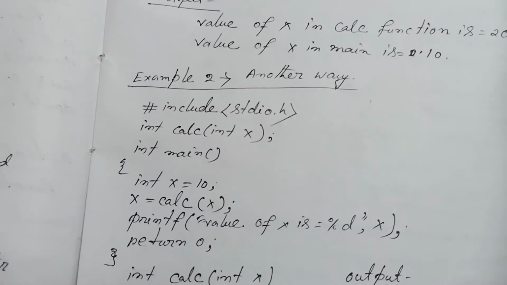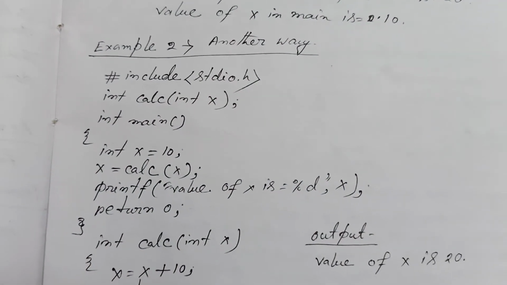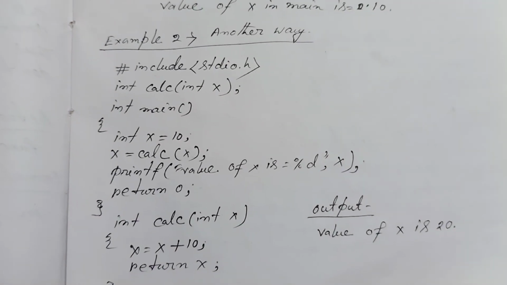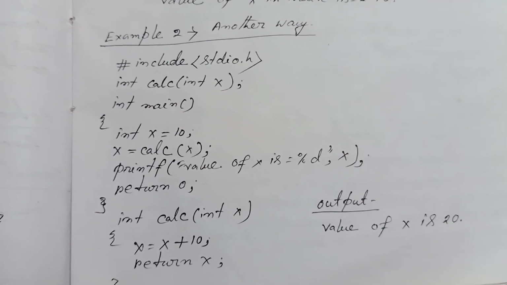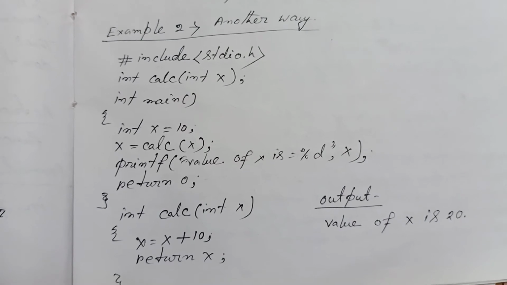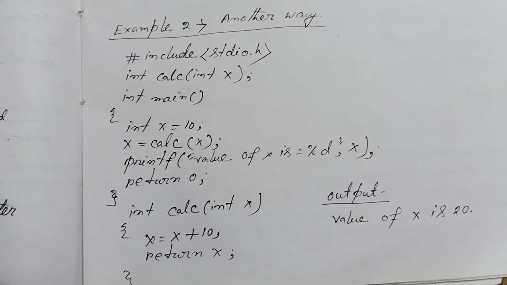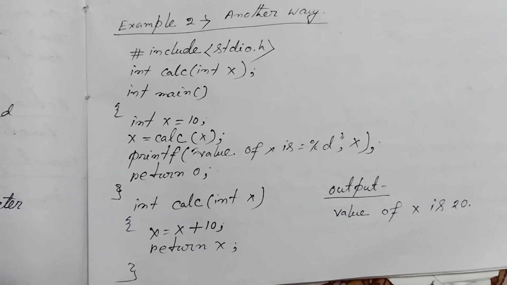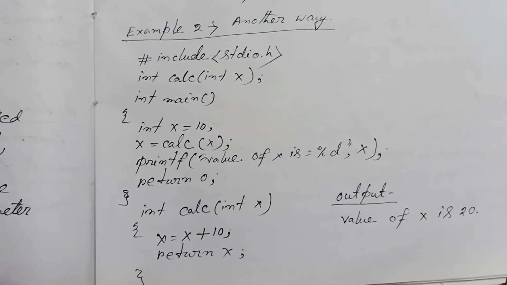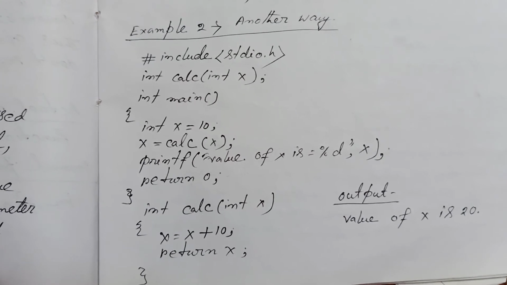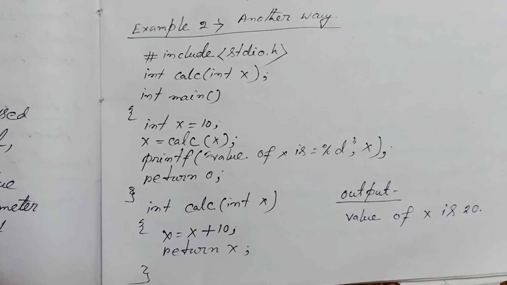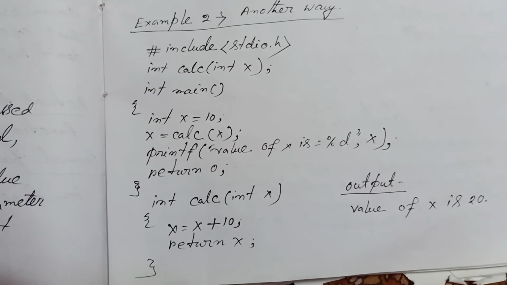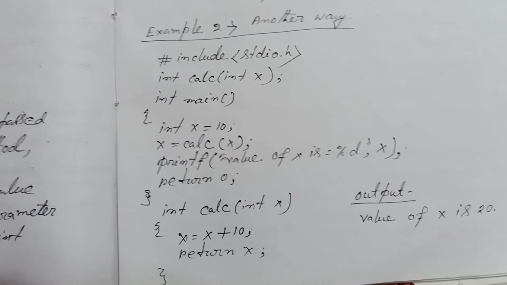Let's take the example of another way. #include <stdio.h>, int calc, within the first bracket int x as argument. Here calc is the declaration part only. Next, start the main function. int main start, int x equal to 10, x equal to calc of x.